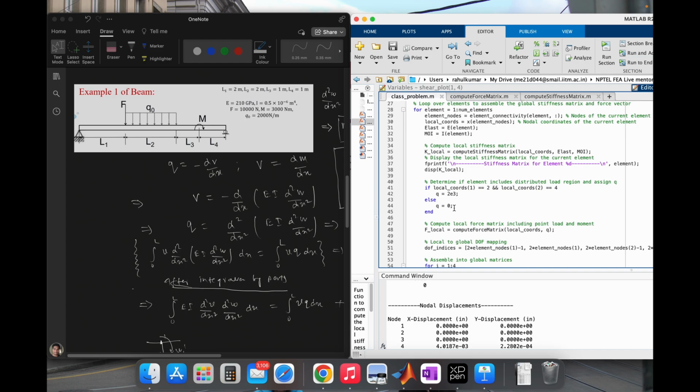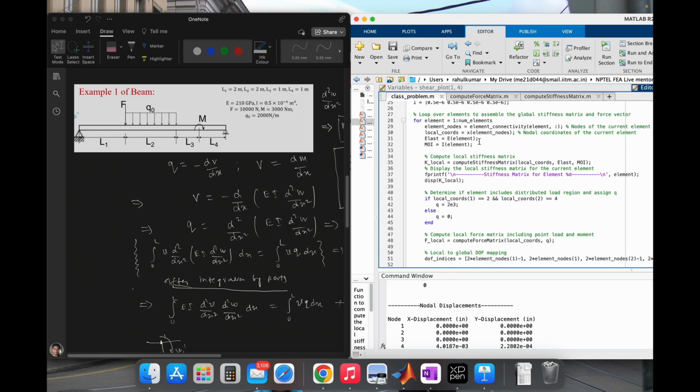So to find the k local, we will see how this value we will get. First it will take the local coordinate. For element 1 that is nothing but 0 2, this is the local coordinate, and modulus of elasticity that is the first element, and moment of inertia that is the first element.